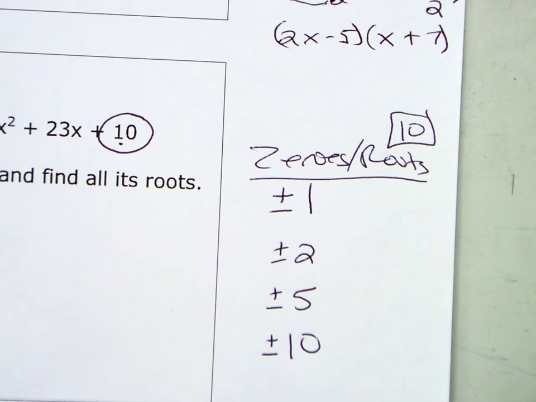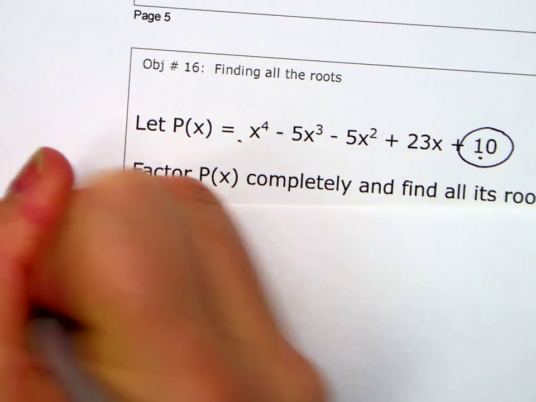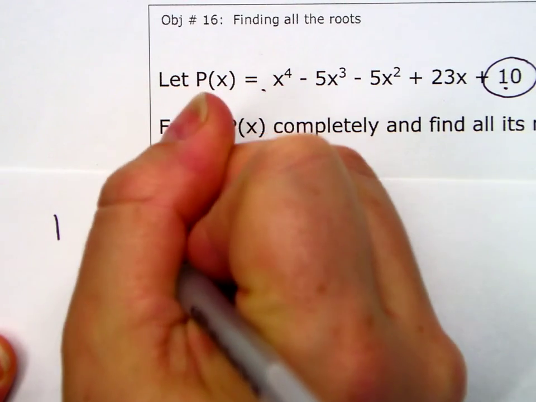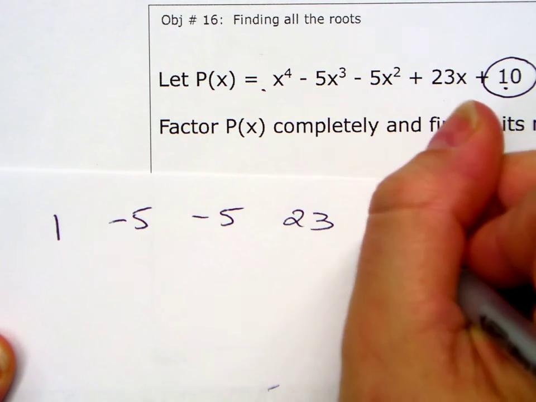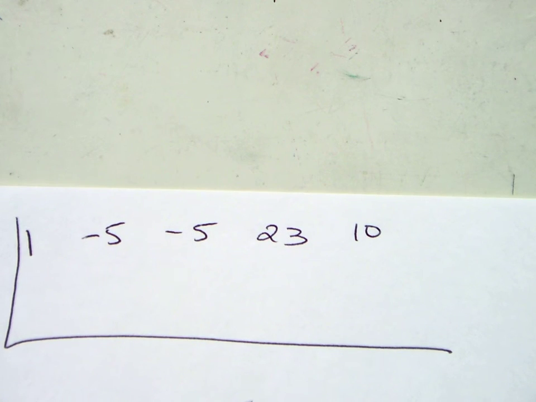All right, so now we're doing synthetic division. Let me get a separate piece of paper. All right, so we have x to the fourth, so that's 1. Can you see what I'm writing? All right, 1. We have negative 5, negative 5, 23, and 10. Okay. So let's start with 1. I always start with 1.